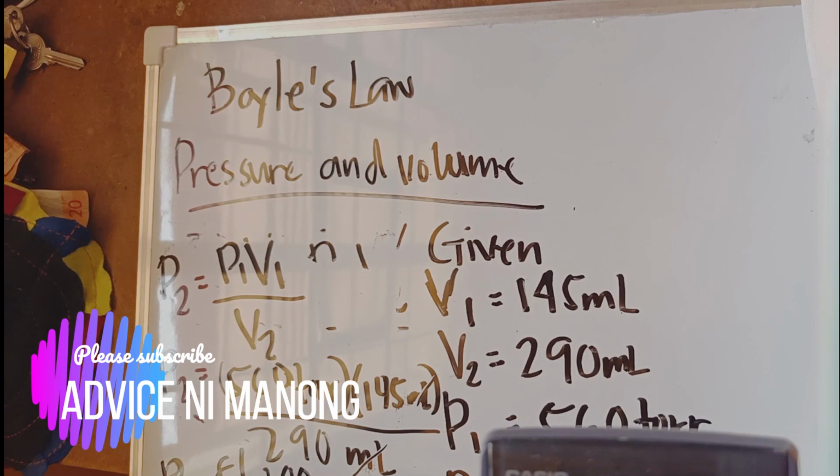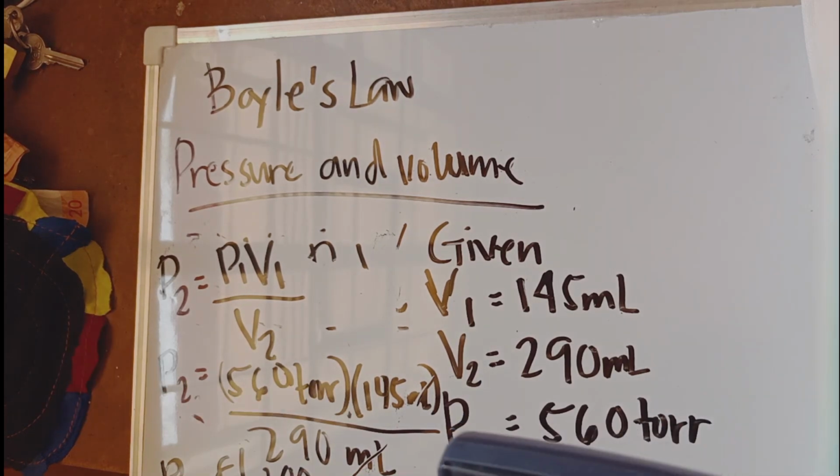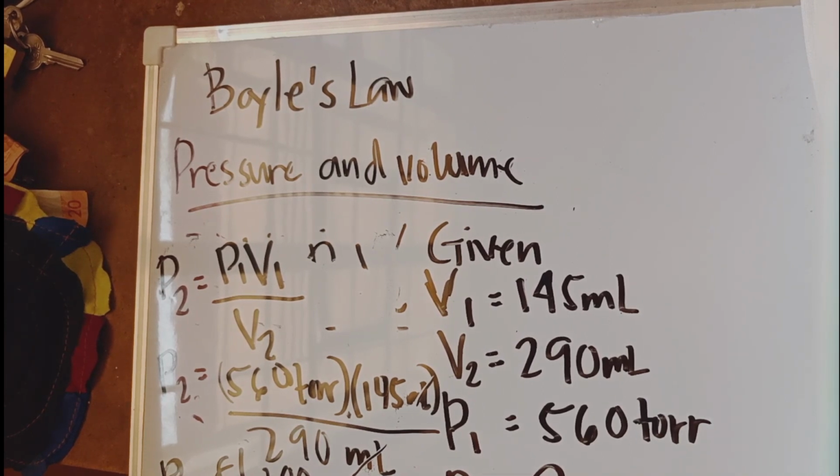Divided by 290, you'll have 280. So 280 torr, since torr was left and is not cancelled. This is the unit, and it indicates that you have the correct answer, because torr is a unit for pressure. So you have 280. That is Boyle's law.